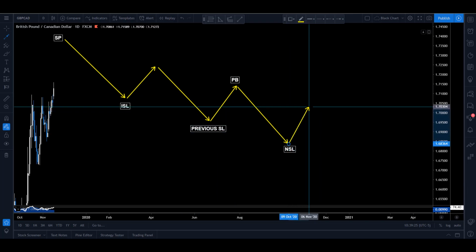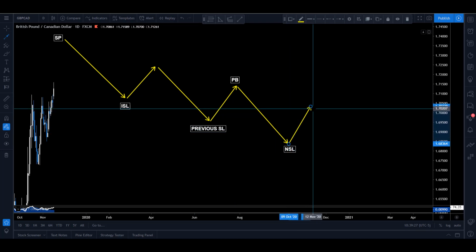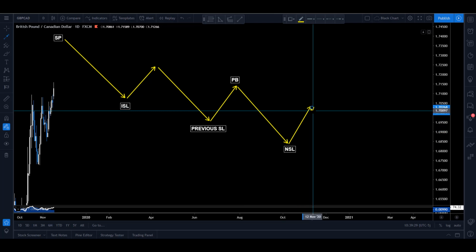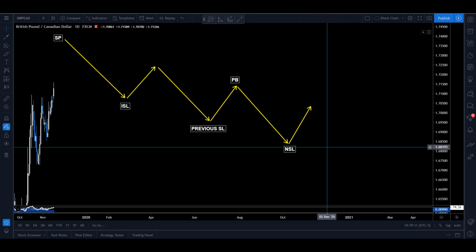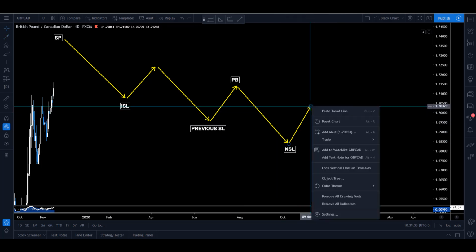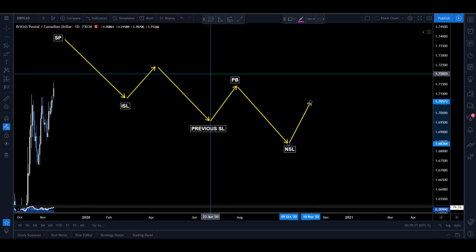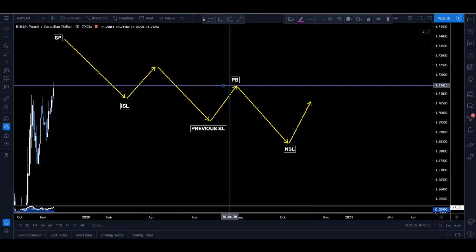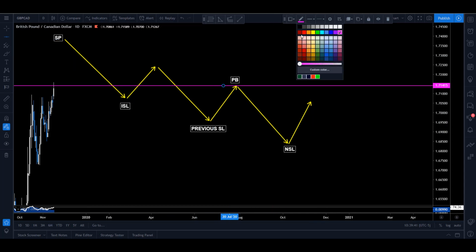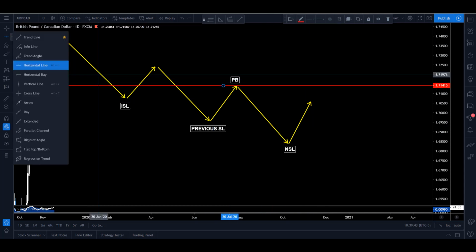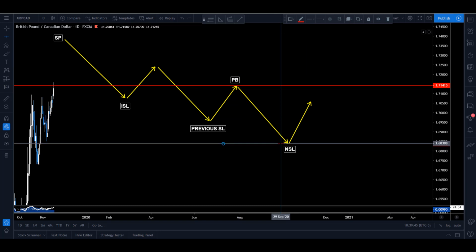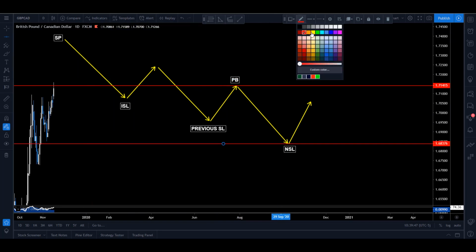Here's what you need to pay attention to. Let's actually do one more. So let's say the market is doing this, right? We have made a pullback. There are two levels we need to pay attention to. One is going to be our previous pullback here. The other is going to be our most recent new structure low here.